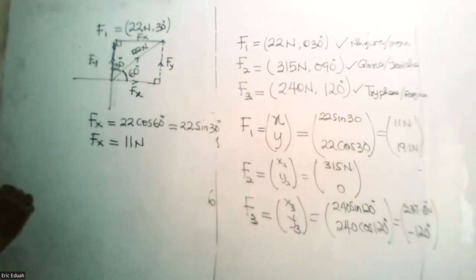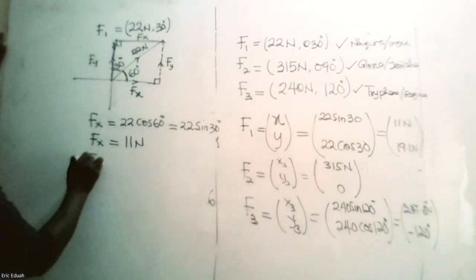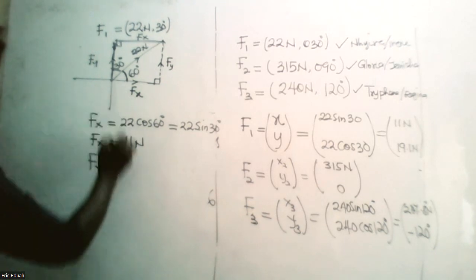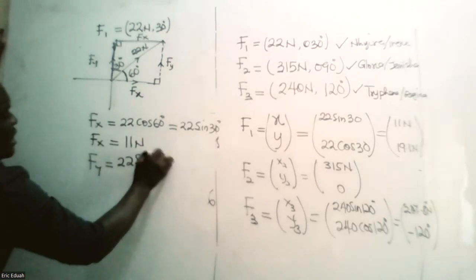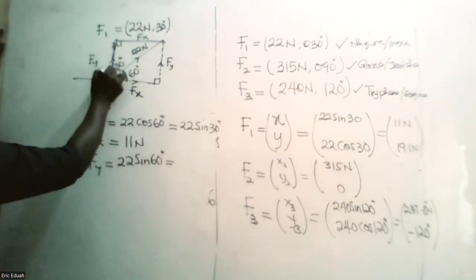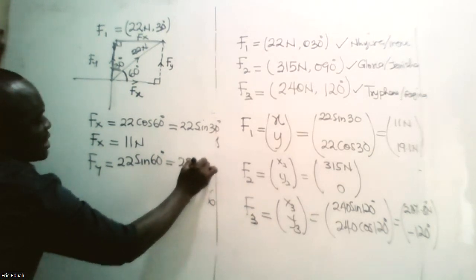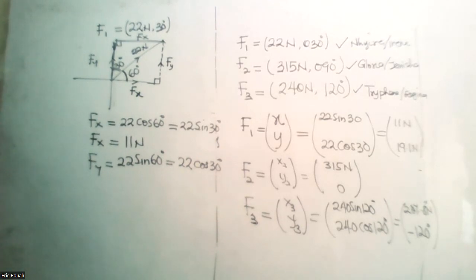Then Fy, if I use the angle 60 degrees, would be 22 sine 60. If I use 30 degrees, it is 22 cos 30.